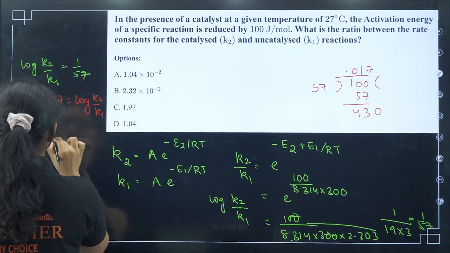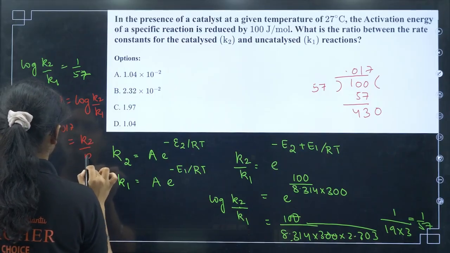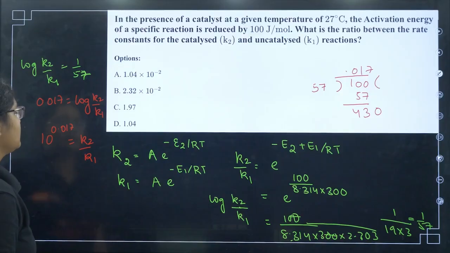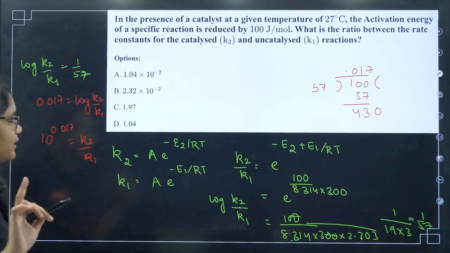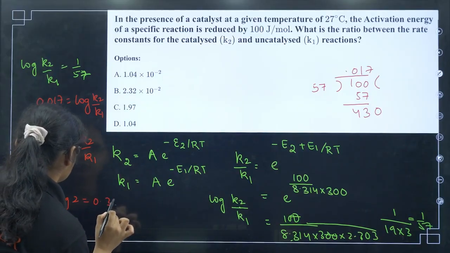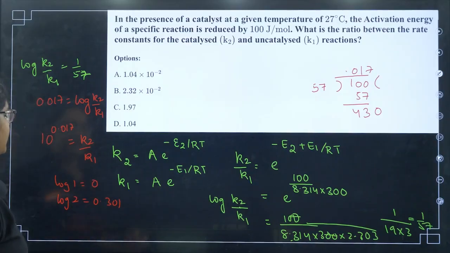Then 10 to the power of 0.017 equals K2 by K1. Now you can see what value will give me this much. Log 1 value is 0, and log 2 value is 0.301. So I need some number which is between 1 and 2.